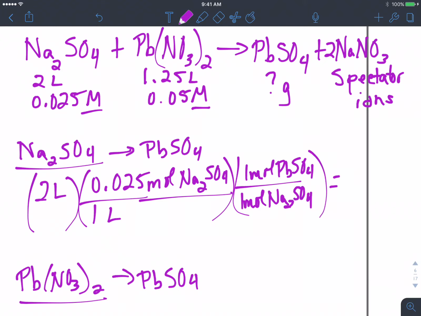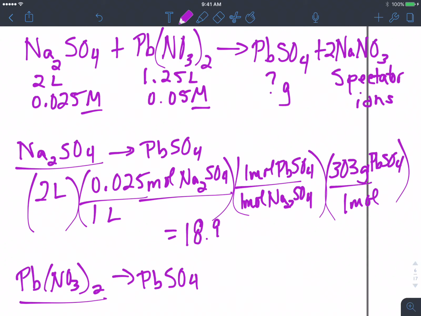And then we need to do a little math to figure out how much PbSO4 weighs. And if you do that math, hopefully you will find that it weighs 303. I could be wrong, but I believe that's what it is. So when we do all of the calculations, all the multiplying and all, well, you divide by 1, but when we do all the calculations, we get 18.94 grams.